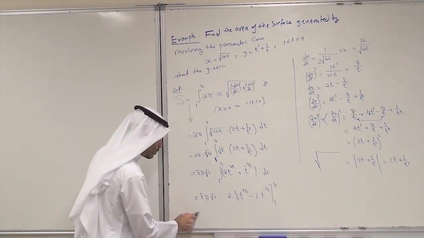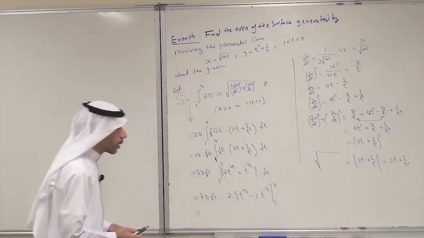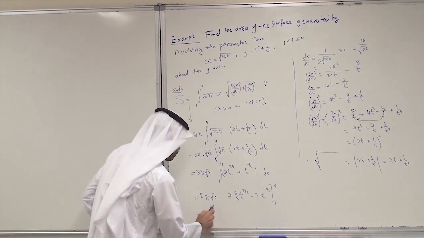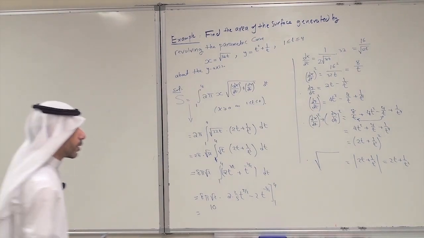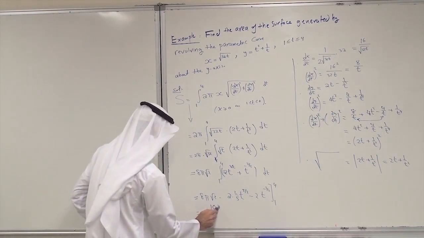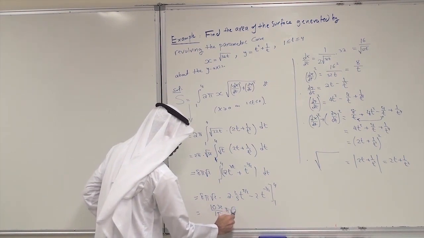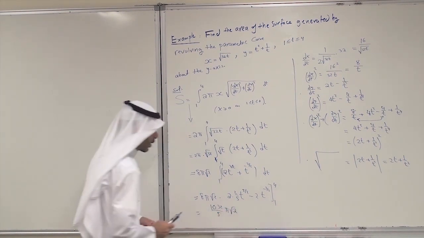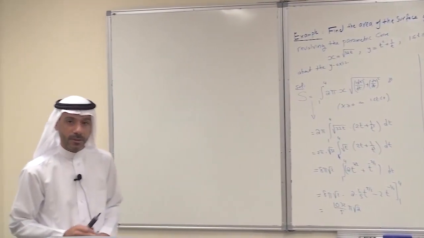When you compute, we'll leave the calculation for you. We get 1032 over 15 times root 2 over 5 times root 2. This is the answer. That's it.